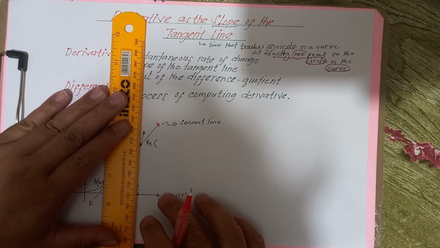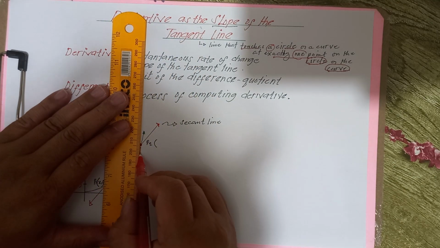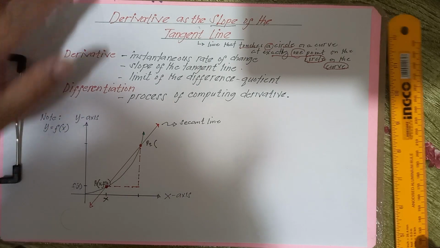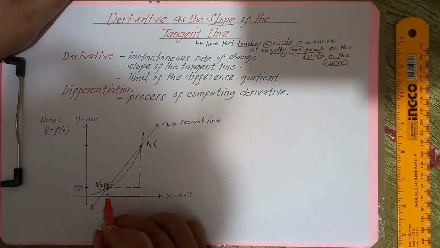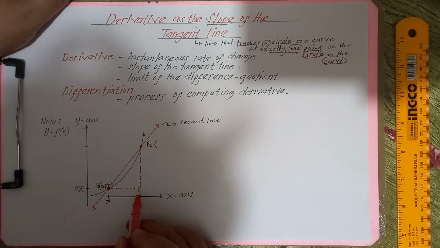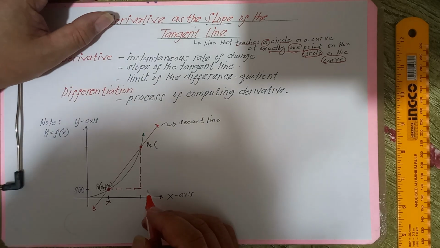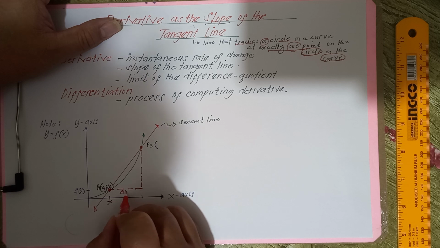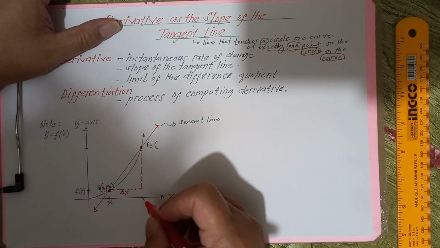Notice that in my slope in the previous discussion, from this point going in here, we define this one to be the change of x, and the same as this one to be the change of y.